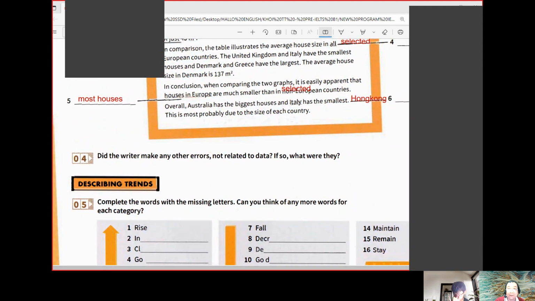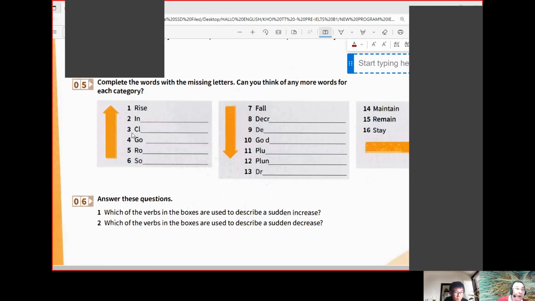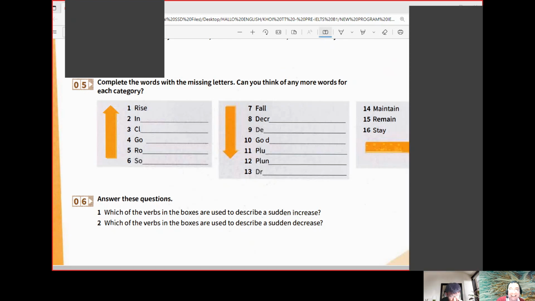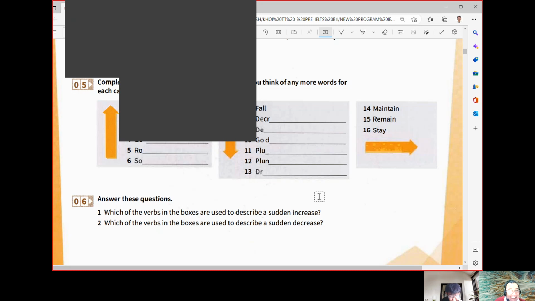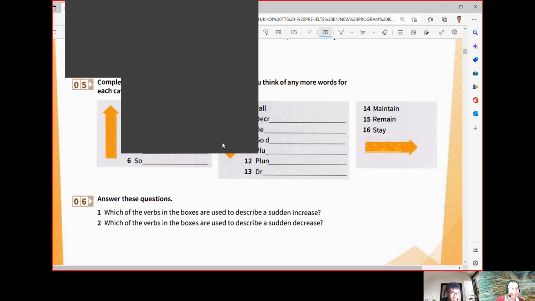Number 1: rise, to increase. Rise is right, increase. Okay, next. Wait, rise is, hold on. Rise.